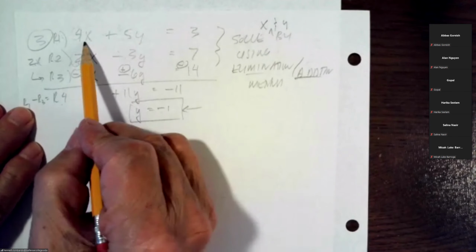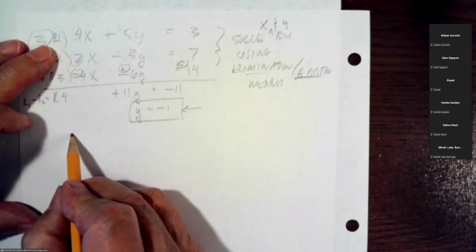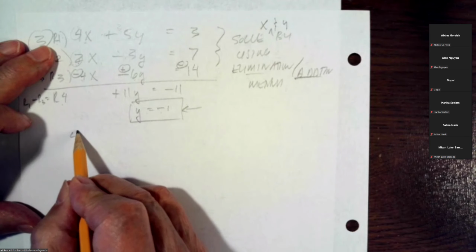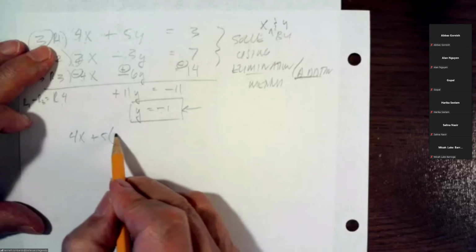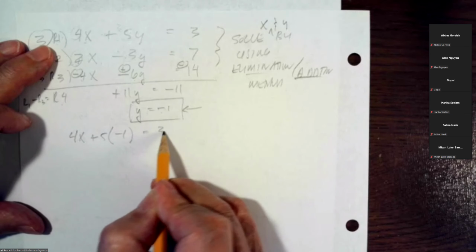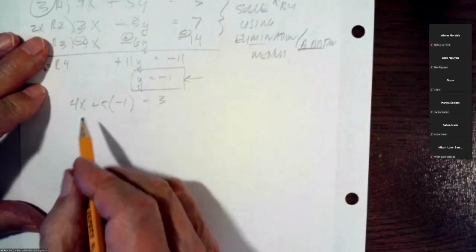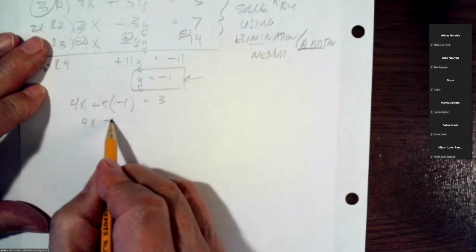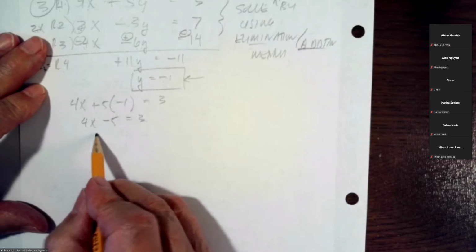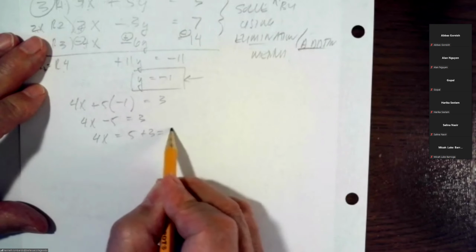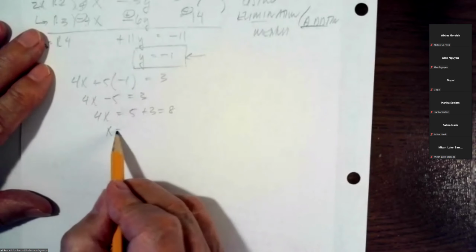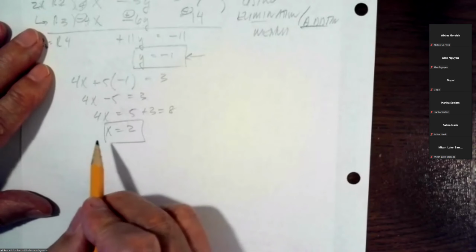We could pick row 1, and we could say, well, row 1 is 4x plus 5 times y, which is -1, equals 3. So 4x minus 5 equals 3. 4x equals 5 plus 3, or 8, and x equals 2.